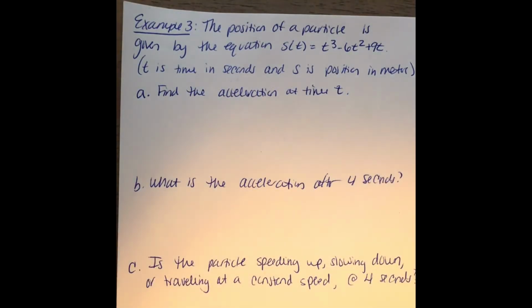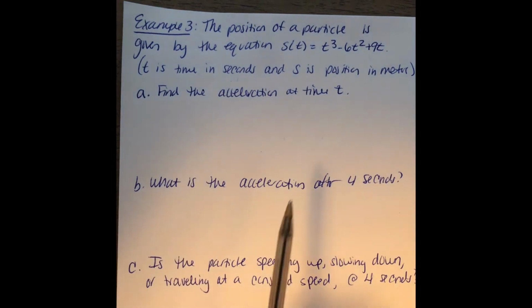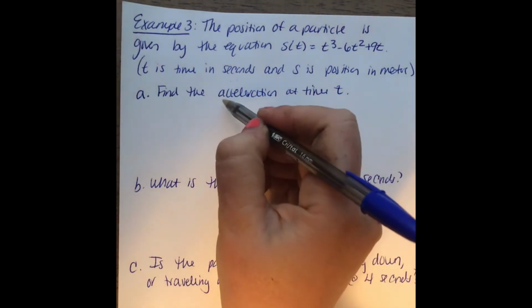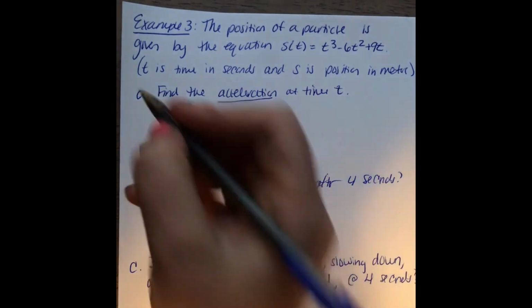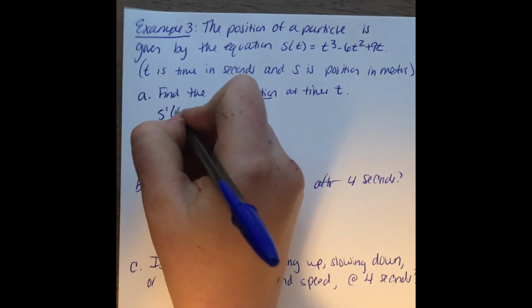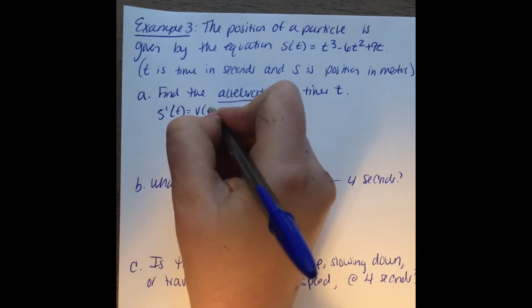Our last example, example 3, we have the position of a particle given by the equation s of t is equal to t cubed minus 6t squared plus 9t, where t is the time in seconds and s is the position in meters. So our first one is find the acceleration at time t. Acceleration is the second derivative of our position function. So we have to find s prime of t, which is the same thing as our velocity.